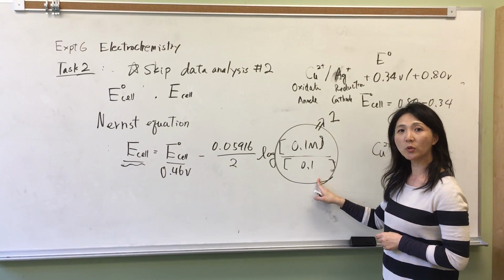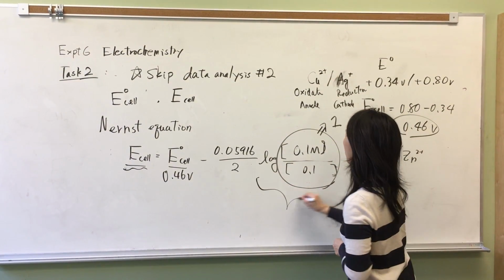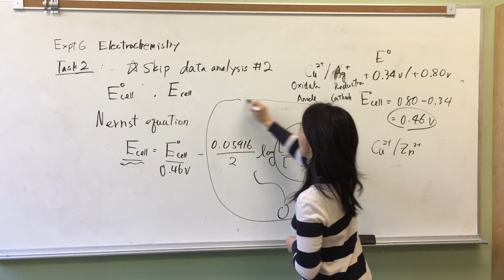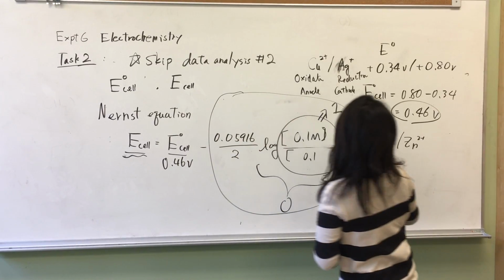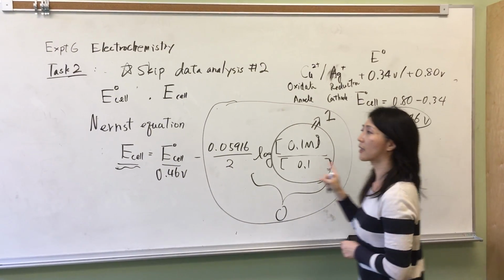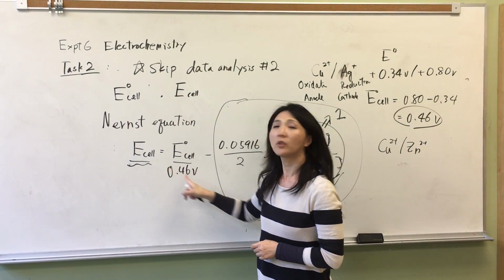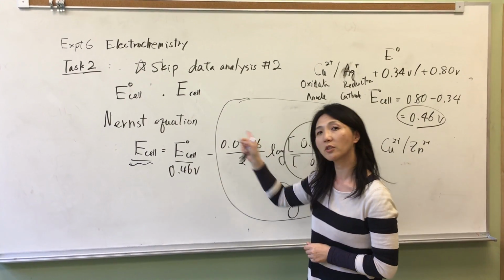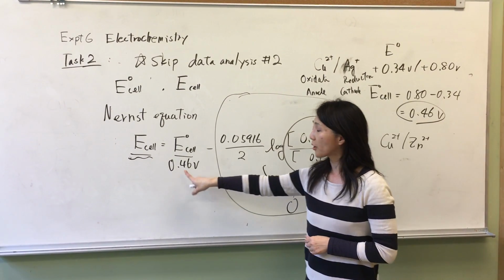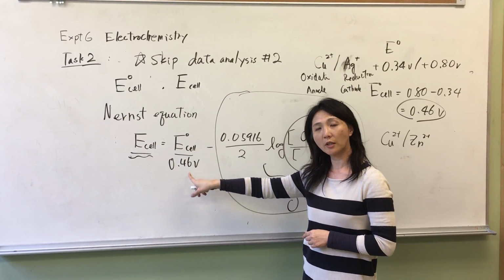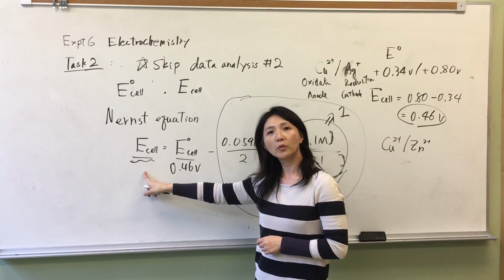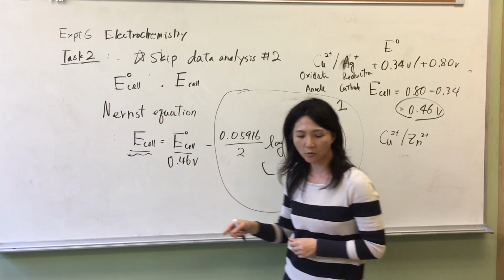Log 1 is equal to 0, so the whole term is 0. Basically, for a combination that has the same number of electrons, E cell equals E naught cell, so you don't have to do the Nernst equation. Once you calculate the E naught cell using the table, you just write down the same number for the E cell.